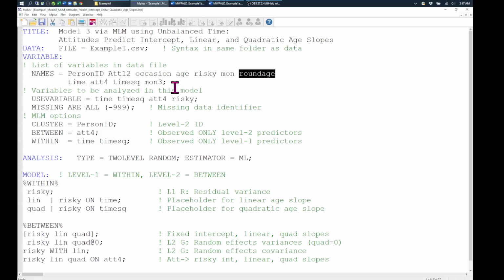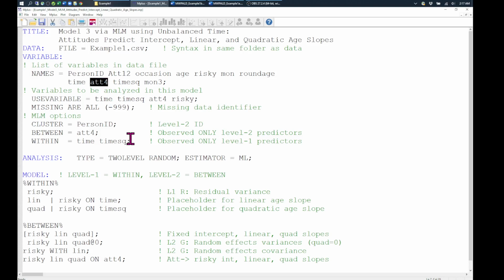Rounded age is the rounded version of age into bins of years so that we could make pictures and things like that. Time then is the variable that is tracking change in age; up to age 18 is time 0. So there was a question about that yesterday. I didn't want to get the names confused, and so that's why I switched to time. So that is age minus 18 right there.